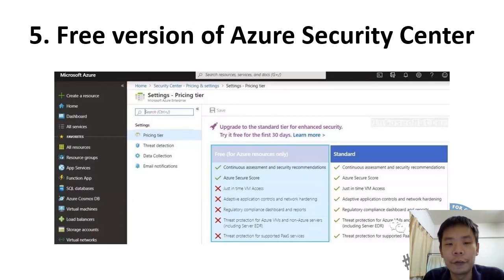Number 5, free version of Azure Security Center. Compared with the free version, the paid and enhanced version of Azure Security Center adds the following important security features: threat detection and threat intelligence sources, abnormality detection, behavior analysis, and security alerts. Machine learning functions that can identify new types of attacks and zero-day attacks.